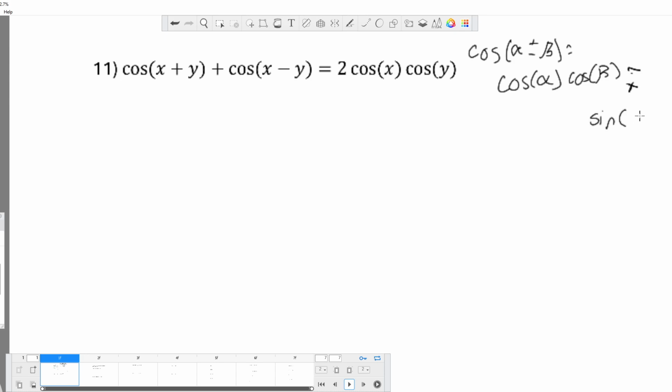Sine of alpha, sine of beta. All right, so we've got to do this twice, basically.